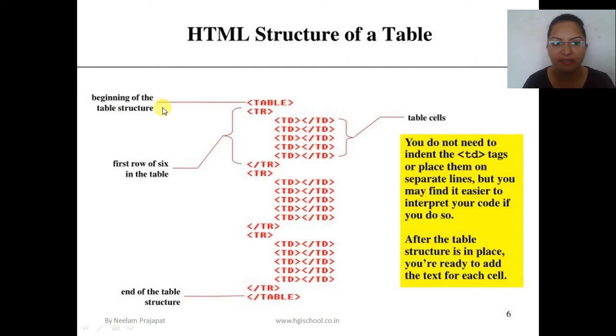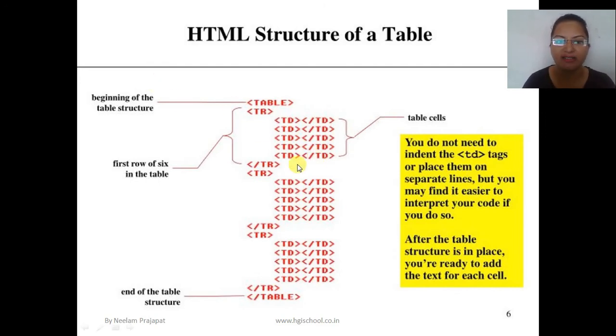Now in the beginning of the structure you can see, you do not need to indent the TD tags or place them on separate lines, but you may find it easier to interpret your code if you do so. After the table structure is in place, you are ready to add the text for each cell. Once you create the structure, how many cells and how many rows you want, you start filling the content.